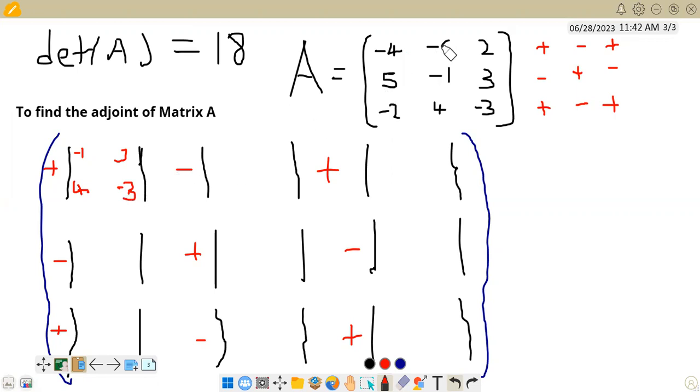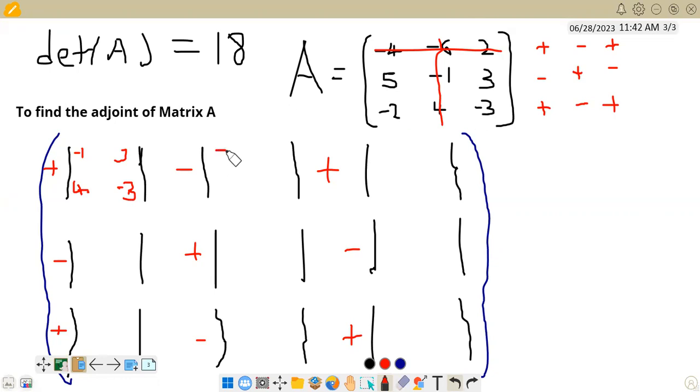Okay, so tikabwera apa ndekuti tikubwera pa row 1 column 2 ndekuti what we have now is 5, 3, negative 2, negative 3.